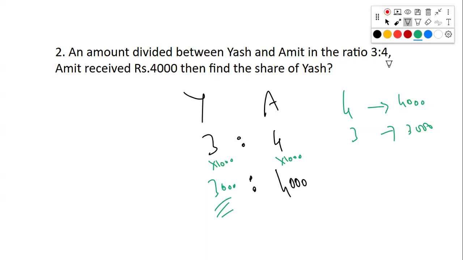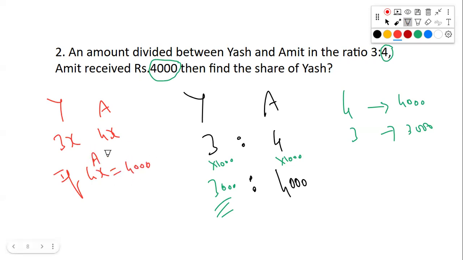So we are equating Amit. Amit is 4 units, Amit is 4,000. If you want to treat it in x also, you can. Say Yash and Amit are 3x and 4x. If 4x is equal to 4,000, because Amit is equated to Amit, x value is 1,000.